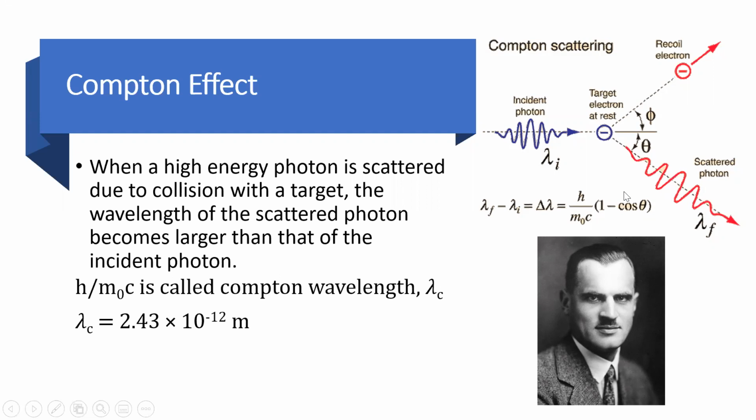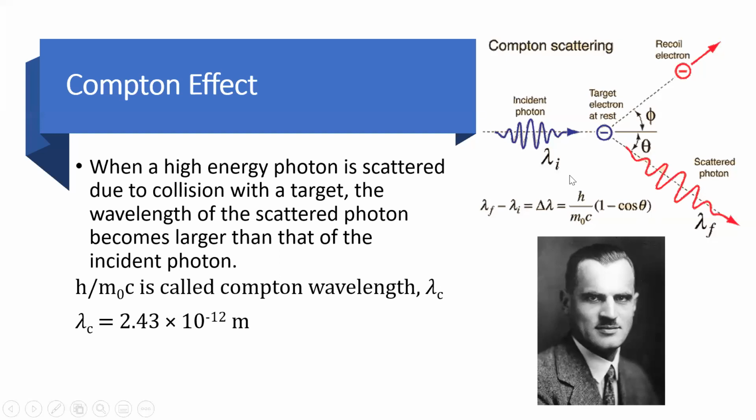So here m naught is the rest mass of an electron, which is 9.1 into 10 raised to minus 31. And h is Planck's constant, so h is equal to 6.63 into 10 raised to minus 34. And what is c? C is very familiar to you. C is the speed of light, that is 3 into 10 raised to 8 meter per second.